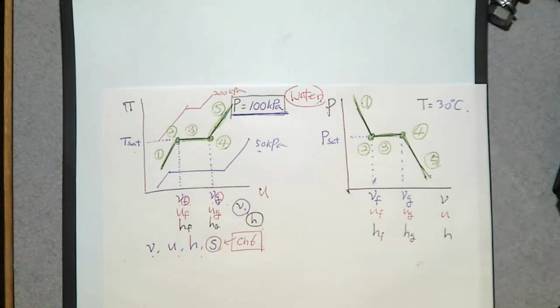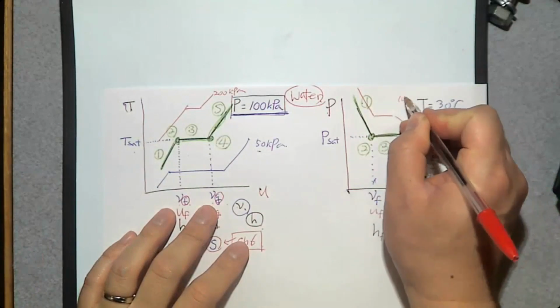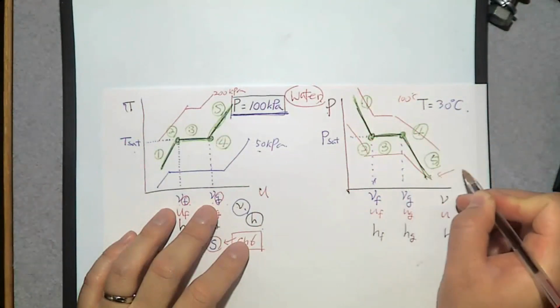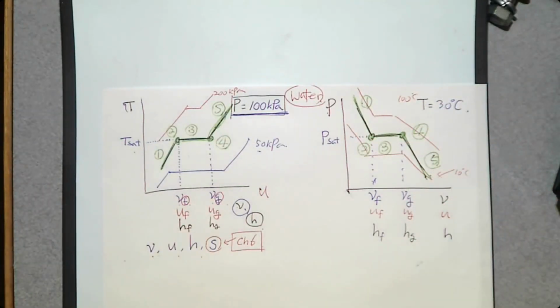What about this PV diagram? If the temperature goes up, the graph moves upward. This one is for, let's say, 100. If the temperature goes down, the graph moves downward. This one is for maybe 10 degrees Celsius. Now, what is this point? Saturated liquid. This one is saturated liquid. This one is saturated liquid, right? So you can connect them. What about here?